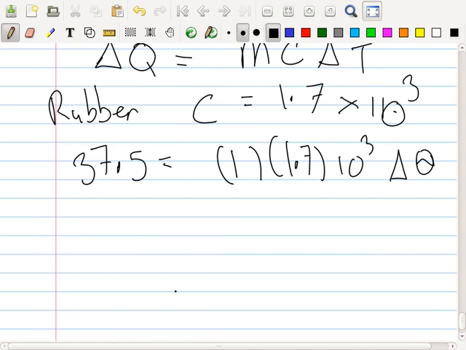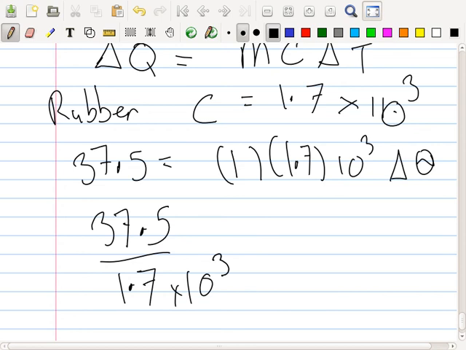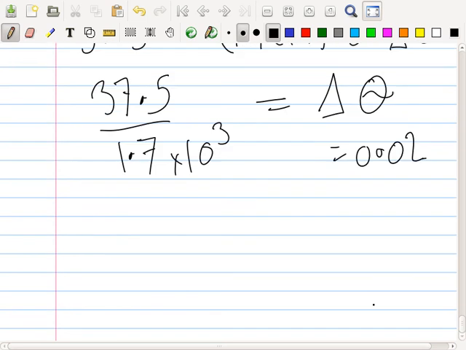So calculator please, 37.5 over 1.7 times 10 to the 3. 0.022. So if the temperature beforehand was 20 Celsius, what is it now?